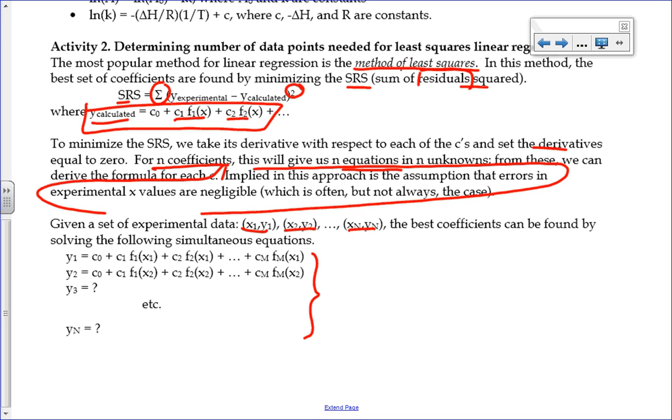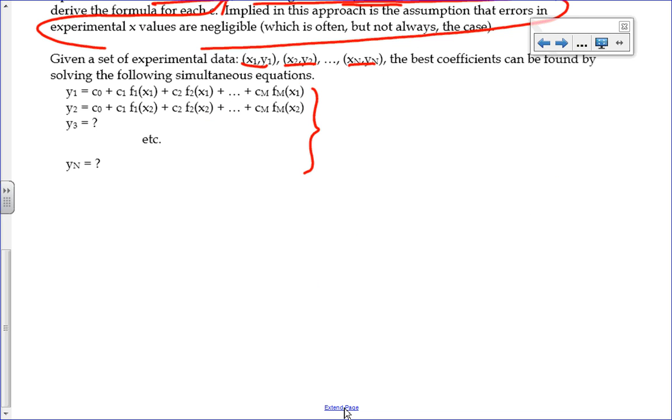Now, most of the time, typically what you want is more data points than unknowns. So you have what's called an overdetermined problem, and that's the typical scenario that you'll be faced with.